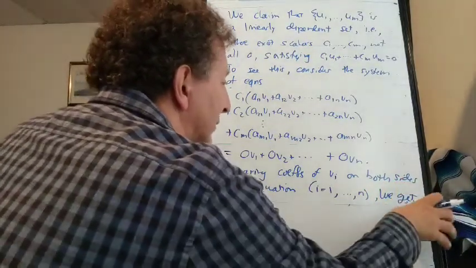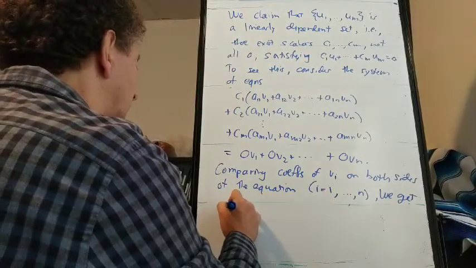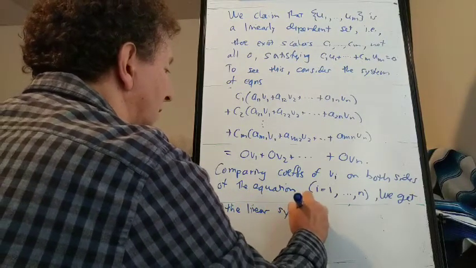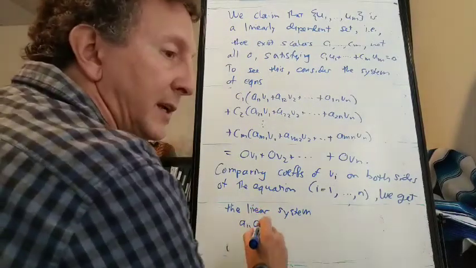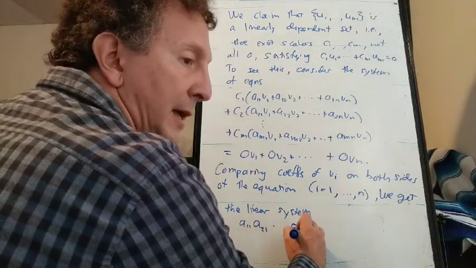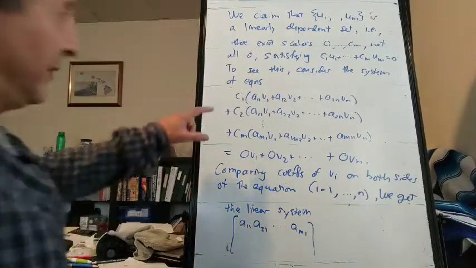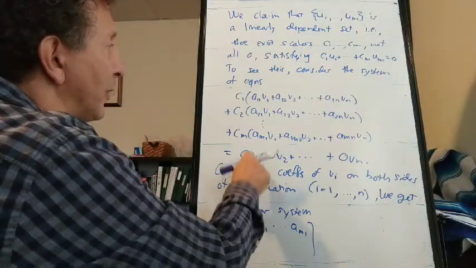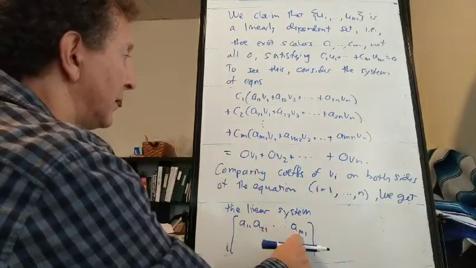We get a linear system of equations. a11, a21 up to am1 in the first row of the matrix. So it's going to end up being these coefficients transposed, because if we're looking at coefficients of v1, they're a11, a21, a31 up to am1.